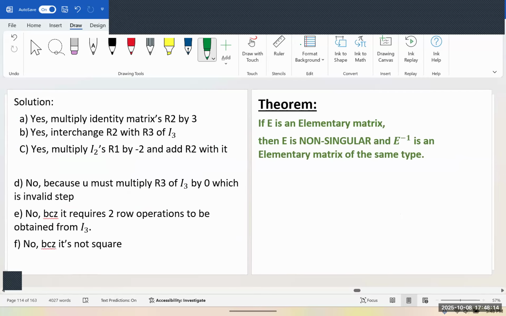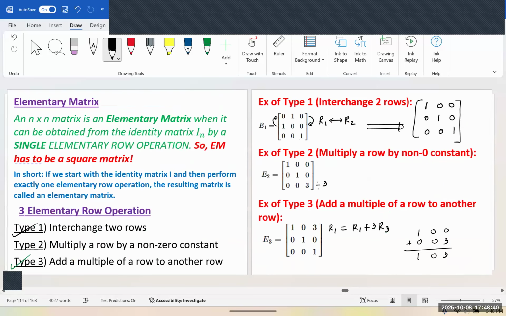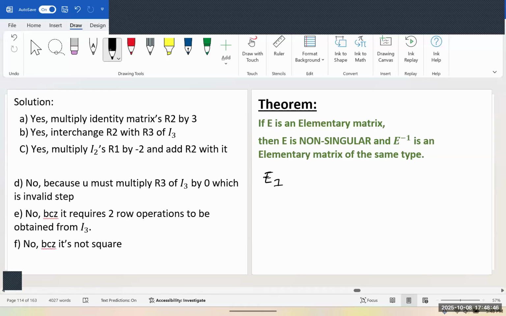Okay, so one theorem about elementary matrices. If E is an elementary matrix, then E is non-singular. Non-singular means it has an inverse. And E inverse is an elementary matrix also of the same type. What does that mean? If E1 is an elementary matrix of type 1, obtained by swapping two rows, then E1 inverse is also an elementary matrix with the same property: you swap two rows.